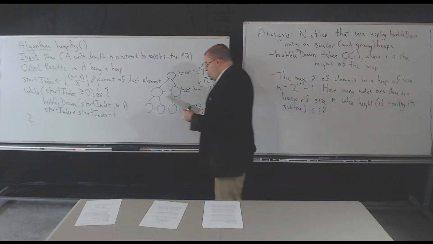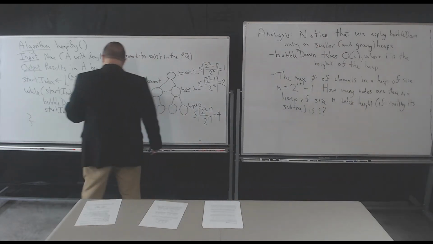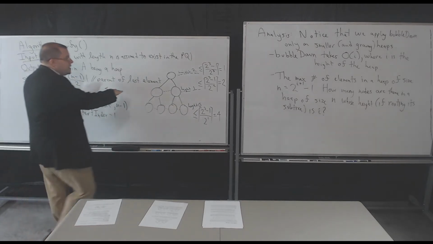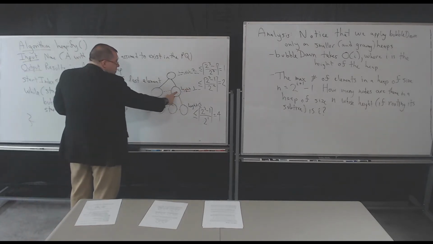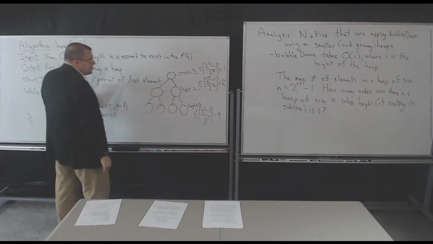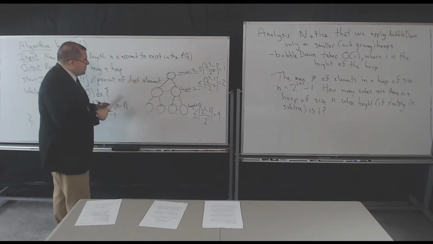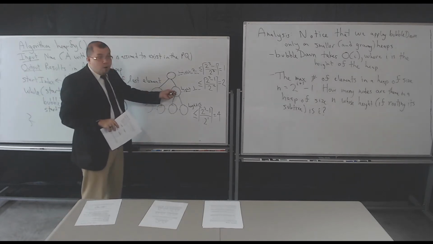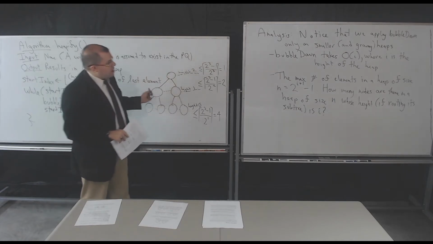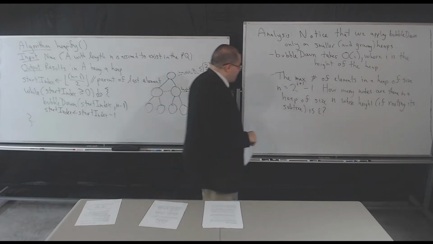So I have a way of talking about the number of nodes at a given level. So if I look at how many nodes are at a given level with a given height, for which how many nodes it has beyond there. So if I look at the subtree with height 1, how many nodes are possible at that level in this total heap of size n?